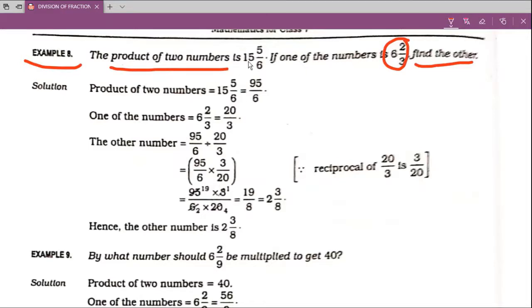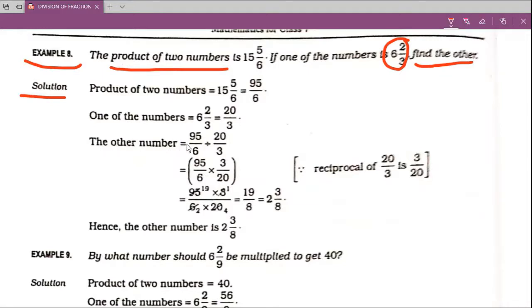So the other number is the product divided by the given number. Solution: product of two numbers is 15 whole 5 by 6, which is equal to 95 by 6. One of the numbers is 6 whole 2 by 3, which is equal to 20 by 3. All mixed fractions will change into improper fractions.